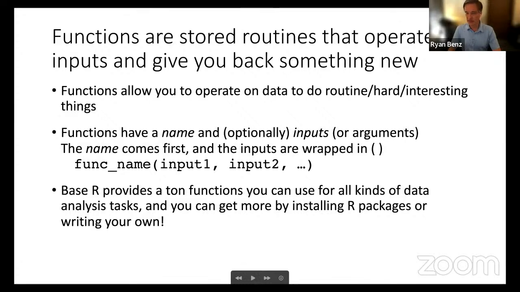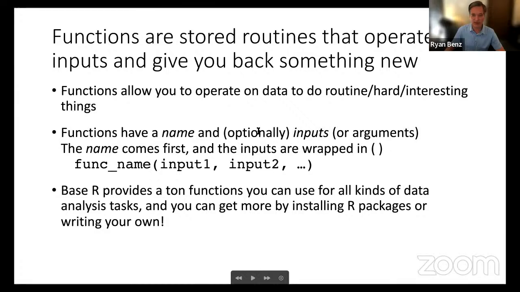That was the c function that allowed us to combine different elements to make a vector. That's where the c comes from. That's just one function that the R language gives us by default, and there are a ton of other functions that allow us to do interesting things in R and operate on data. Importantly, functions have a name and optional inputs.